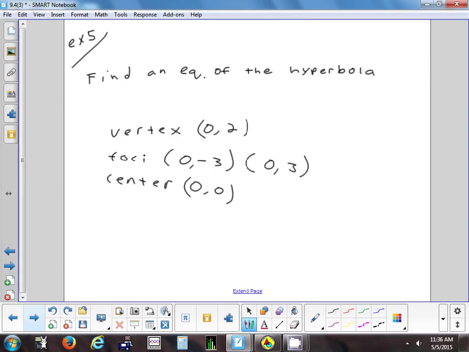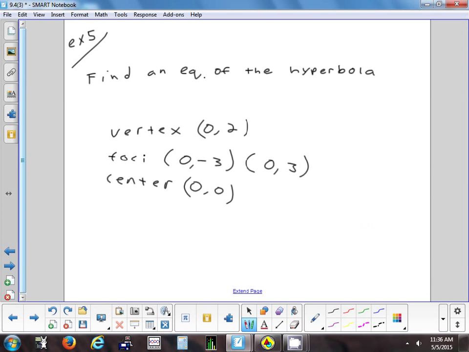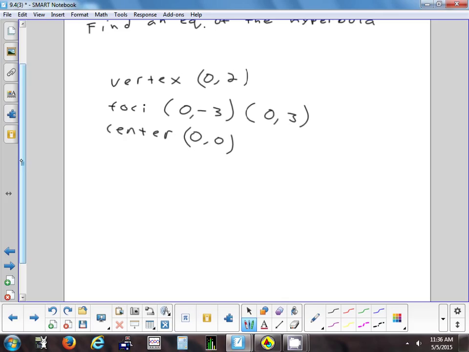All right, this one we don't have to sketch. Let's see if we can come up with the equation. Okay, Augustine, what's the first thing I should do to come up with the equation? Figure out if it's vertical or horizontal, which is obviously vertical. Okay, so we could write that down.